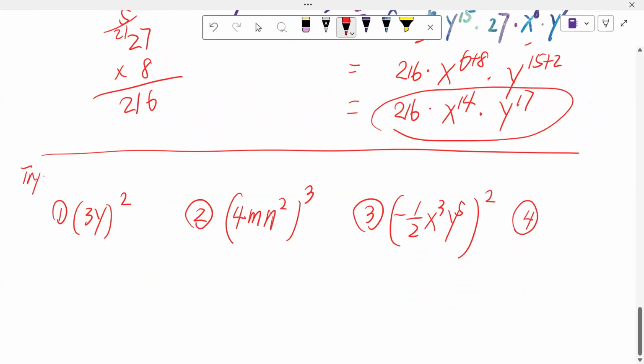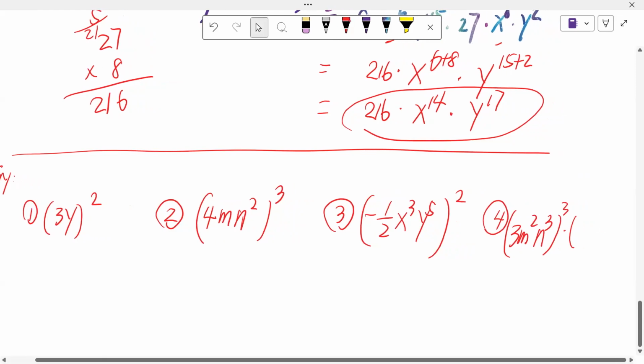And fourth one, 3m squared m cubed to the third times 2m cubed to the second. Let's try this.